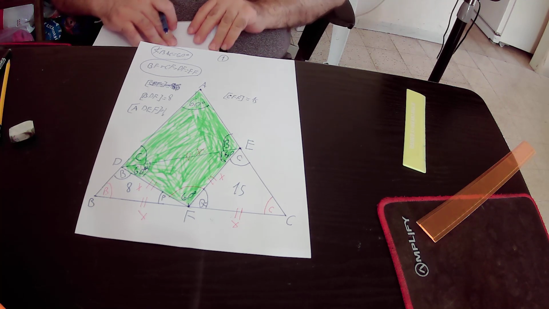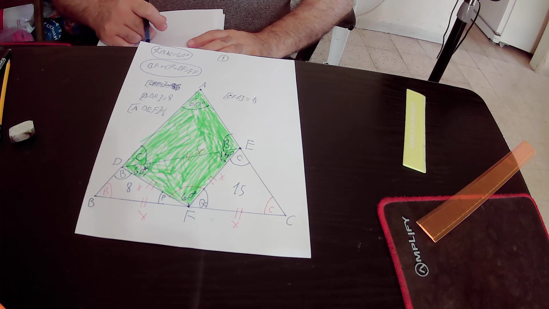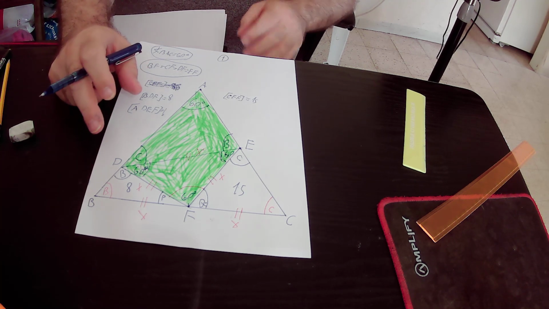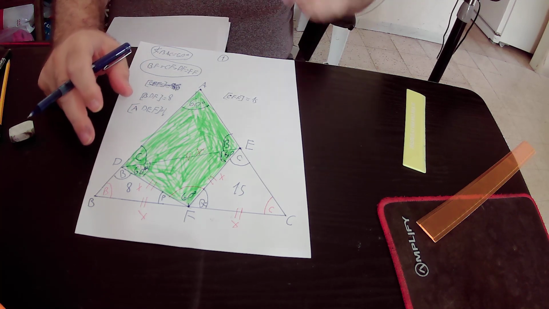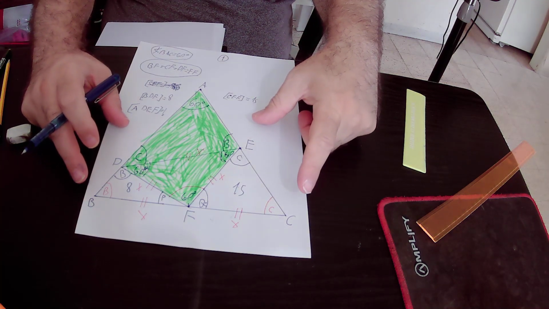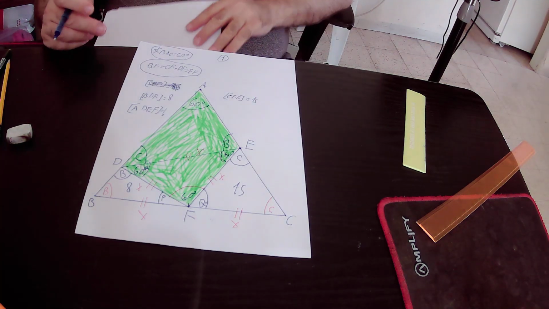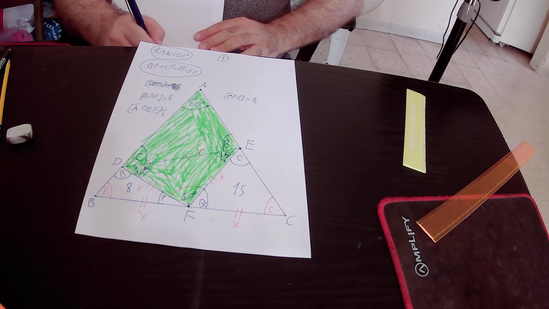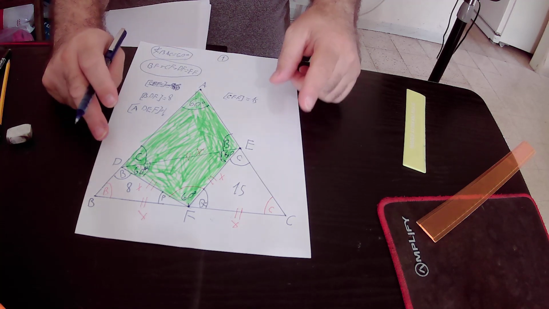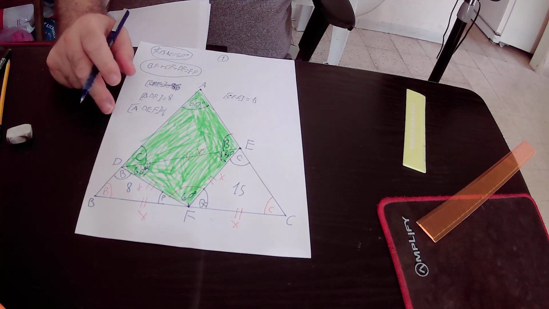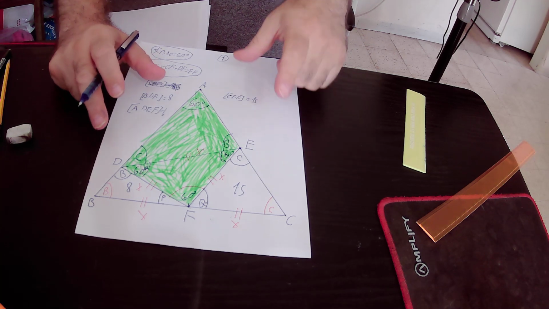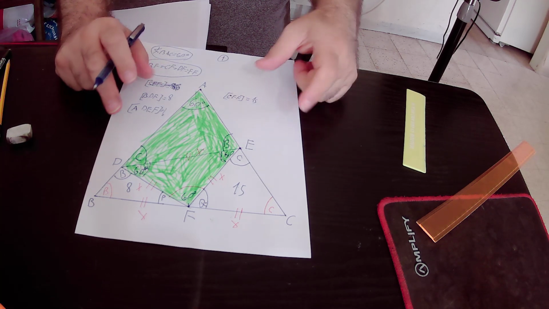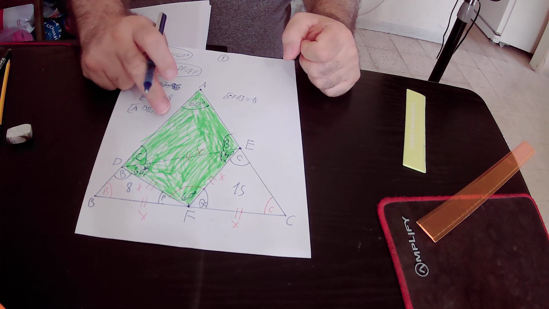In the next step we will calculate the area of quadrilateral DBCE. So what is the area of quadrilateral DBCE? The area of quadrilateral DBCE equals the area of the big triangle ABC minus the area of the small triangle ADE.